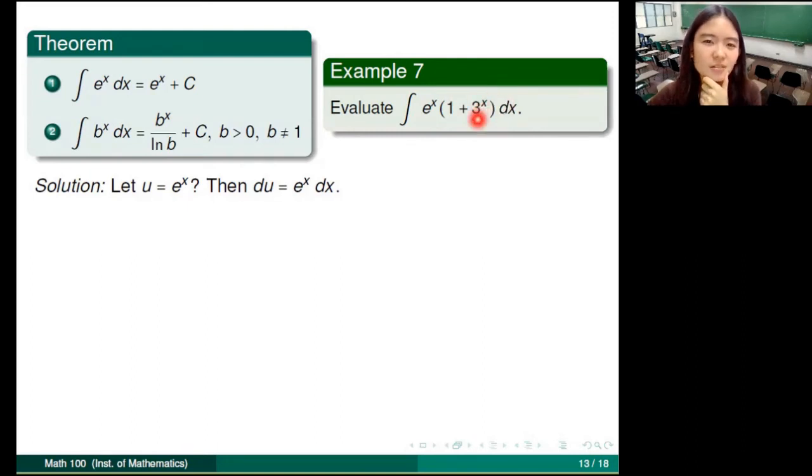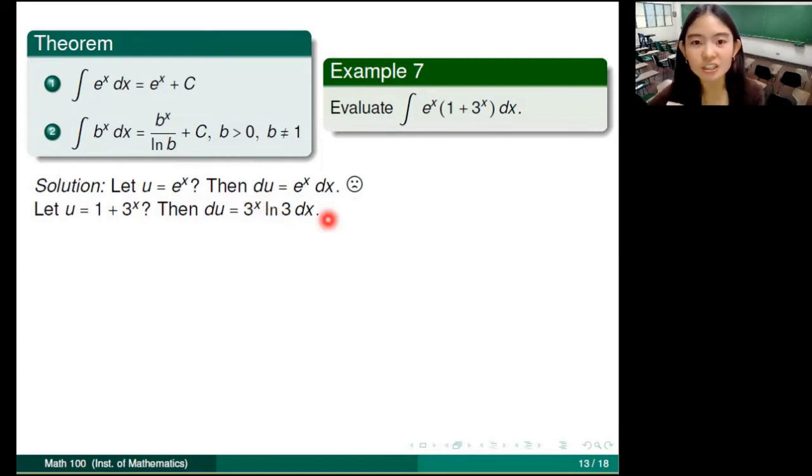Pero si 3 raised to x, medyo mahirap siyang i-rewrite in terms of u, sad face. Kasi baka hindi ito mag-work or baka matagalan kung ito yung in-attempt ninyo. So let's try a different u. Pag ang u natin ay 1 plus 3 raised to x, ano ang ating du? 3 raised to x times ln of 3 and then attach the dx.